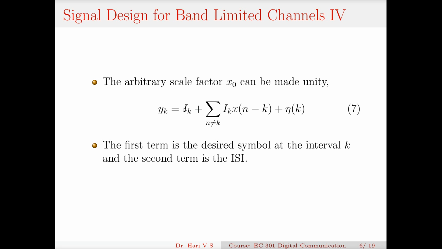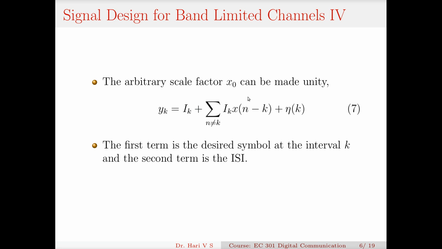Along with that, I get two unwanted components. This term is due to a convolution between I_n and other values of x, so this term is called my intersymbol interference, or ISI. And this is my good old enemy, this is my AWGN.